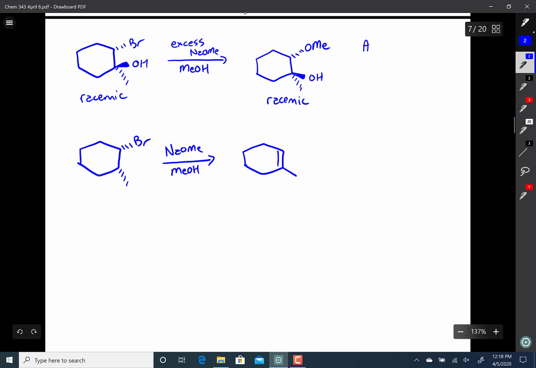Also, note the stereochemistry of the OMe group.